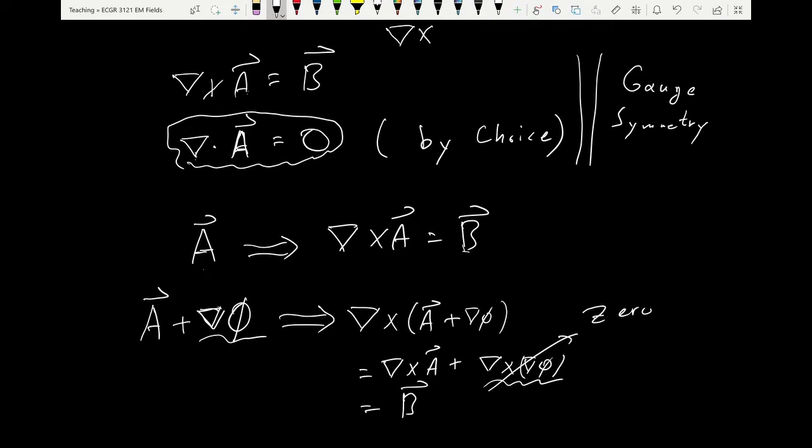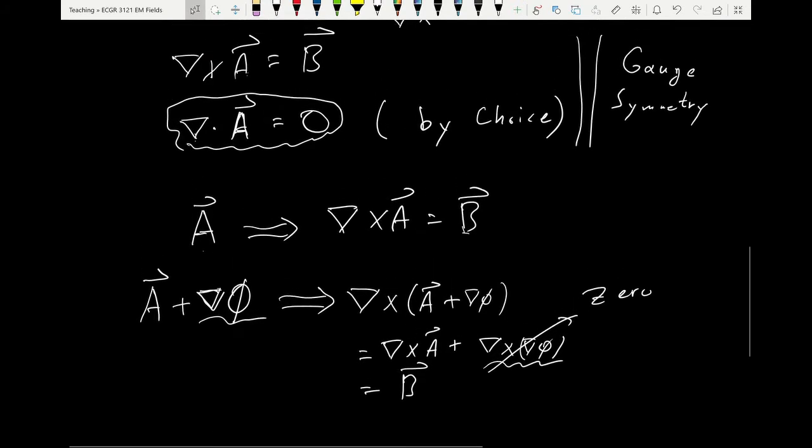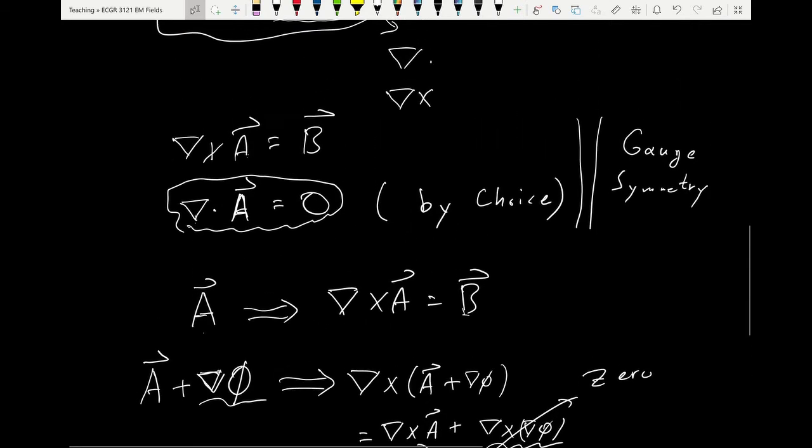When we select the divergence to be 0, I believe this is called the Coulomb gauge, right? But we won't go deep into that. We just have to know that for our purposes, A could be anything, but we fix A such that the divergence of A is 0, right? And we know the curl of A is B, right? So this completely specifies A, knowing the curl and the divergence.